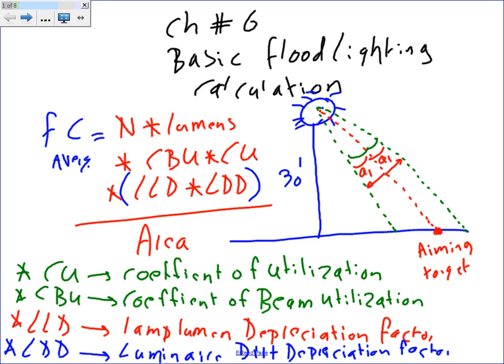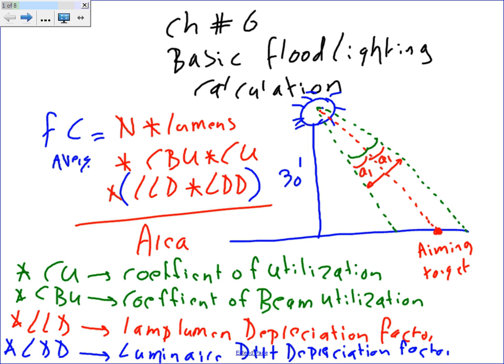This coefficient of utilization is a function of the fixture itself. So the fixture has its own coefficient of utilization, multiplied by the coefficient of beam utilization, CBU, based on where you are in this angle from that aiming point or aiming line.